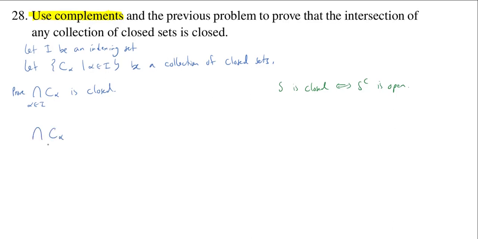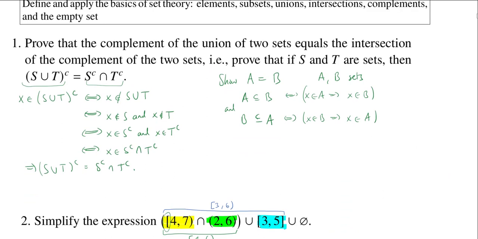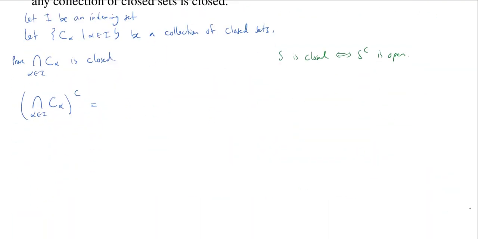If I take the intersection and take the complement of that set, well, by De Morgan's law, which we actually showed a special case of way back at the very beginning, where we were looking at the complement of a union, but if you just flip this, the complement of an intersection will be the union of the complements. So here we go. The complement of the intersection is going to be the union of the complements.